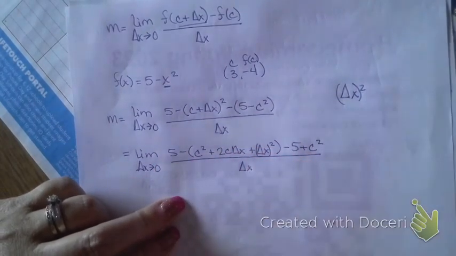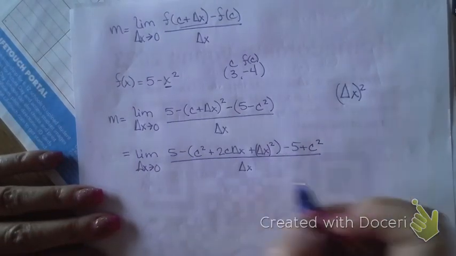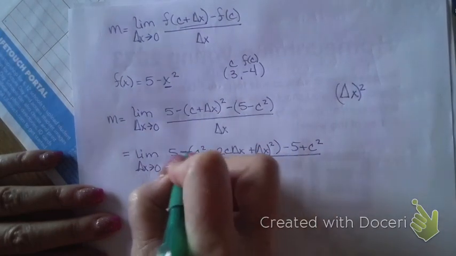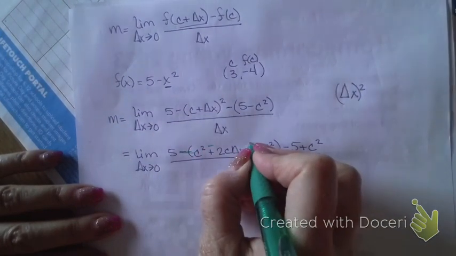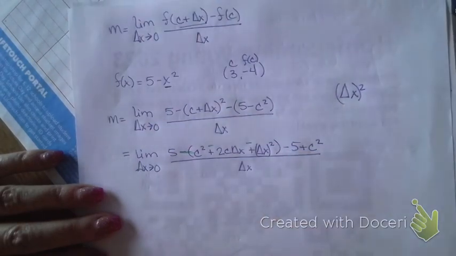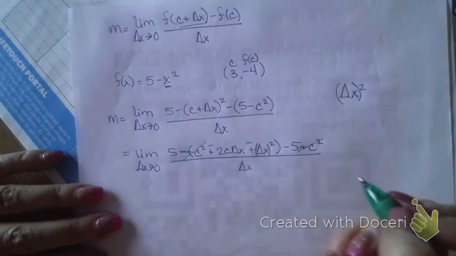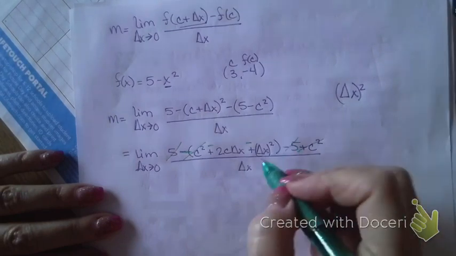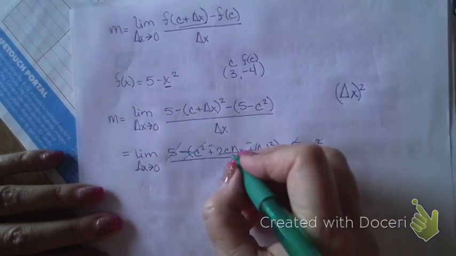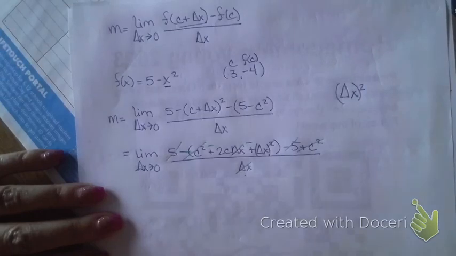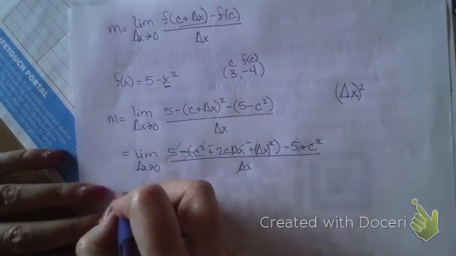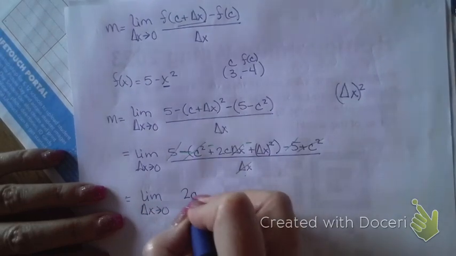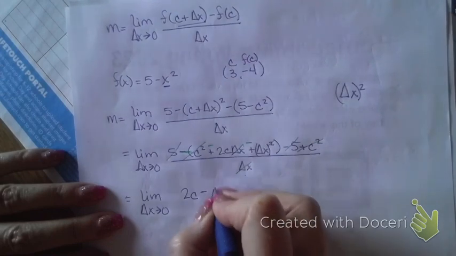So do I need to show the distributing of this as a separate step? No, I got it from here. It's just the first part. So this is negative, this is negative. So this reduces out. This reduces out. And then I can reduce one change of x out of everything. So then I have the limit as the change of x approaches 0 of 2c minus change of x.